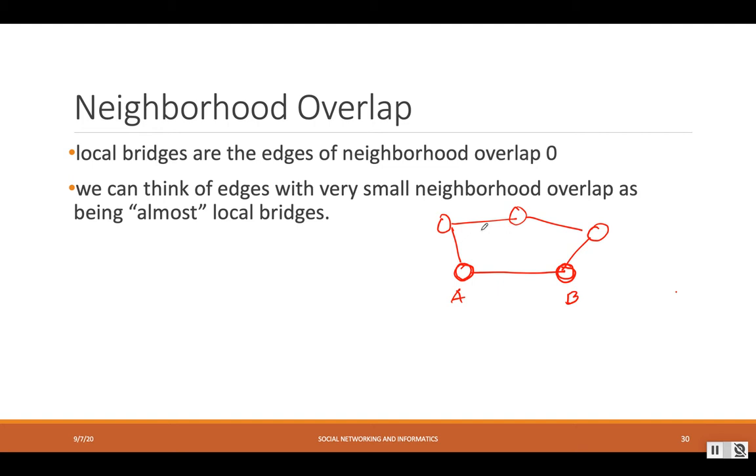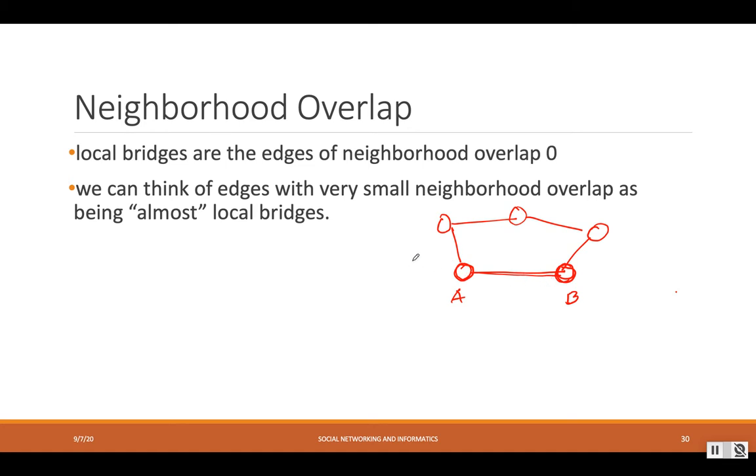According to the definition, if AB is a local bridge, the two endpoints A and B will not have any common friend, and by that we can conclude that if AB is a local bridge, it will always have a neighborhood overlap of 0.